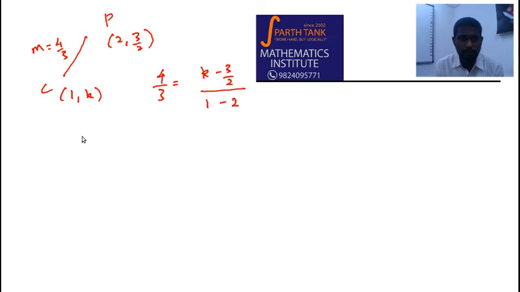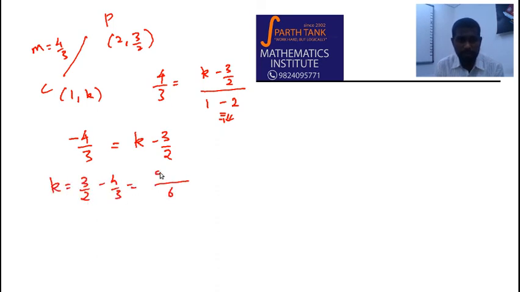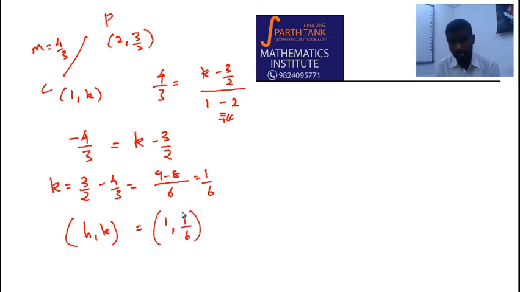This gives me minus 4 by 3 is k minus 3 by 2, because this value is minus 1. Or k is 3 by 2 minus 4 by 3. On LCM, this is 9 minus 8, that is 1 by 6. So (h, k) is (1, 1/6). Do the calculations properly and everything is simple.